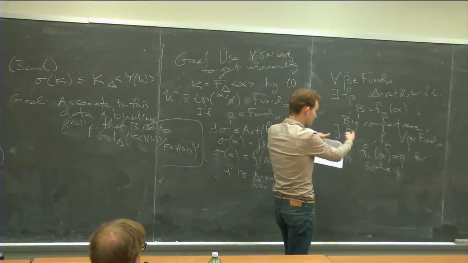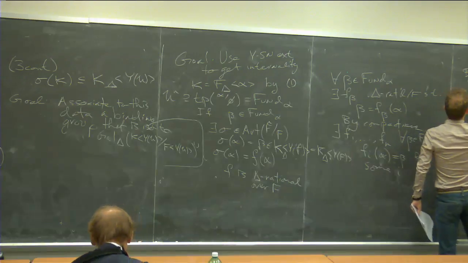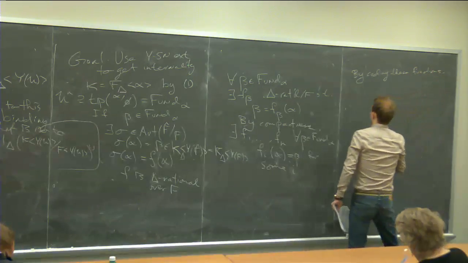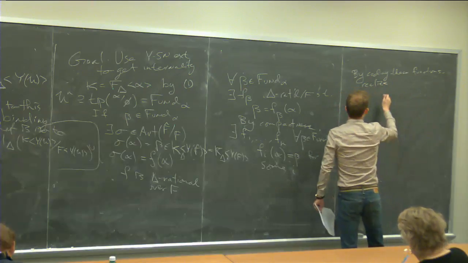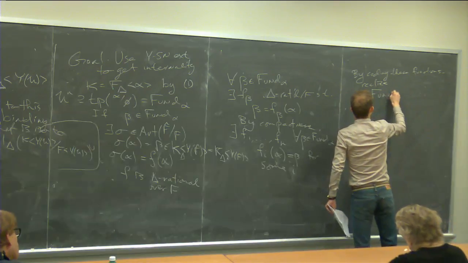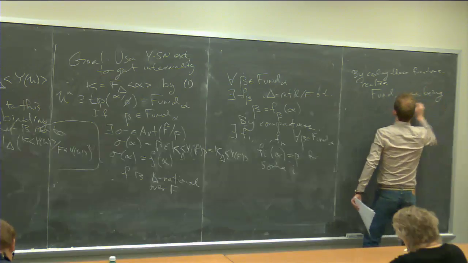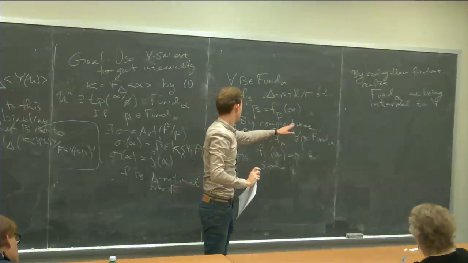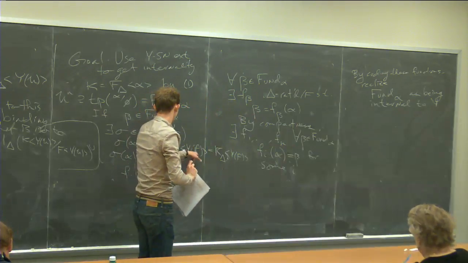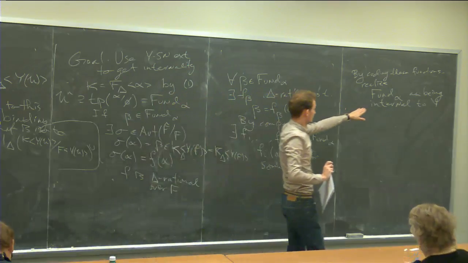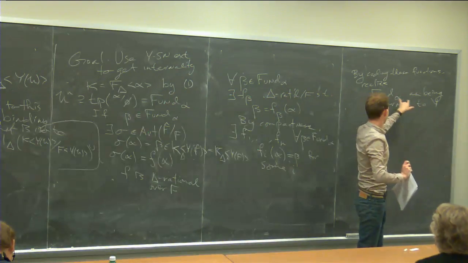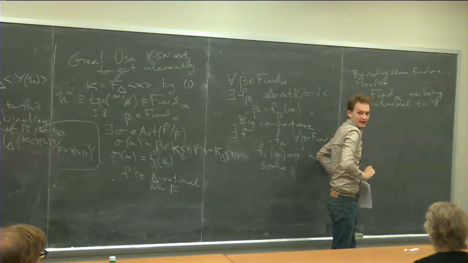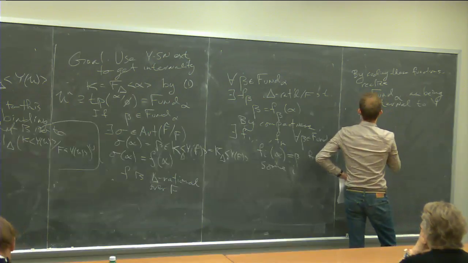But then, by coding together these functions, we can realize fund alpha as being internal to y, because the arguments here were delta rational functions over points in y.